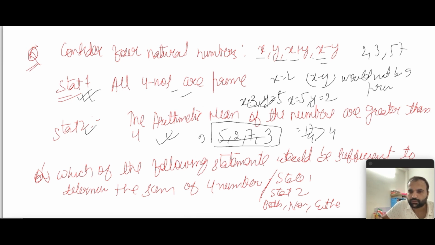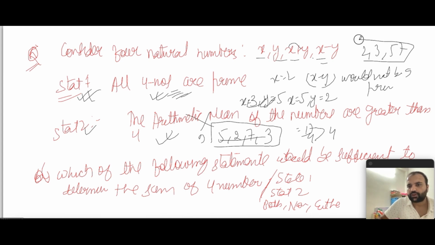We can easily determine the sum of the 4 numbers just by statement 1, isn't it? Even if the second was not given, we could still have found the sum from the 4 numbers themselves. It said that all 4 numbers are prime, and this is what it gave: x, y, x plus y, x minus y. If we had taken x equal to 5 and y equal to 7, then this would not be a prime number.